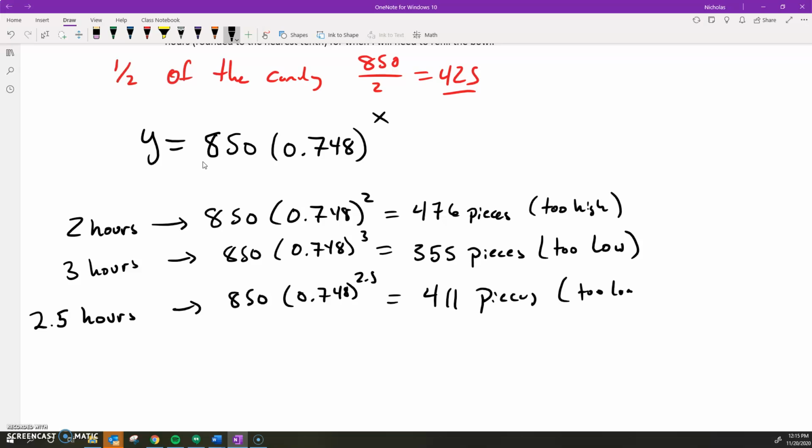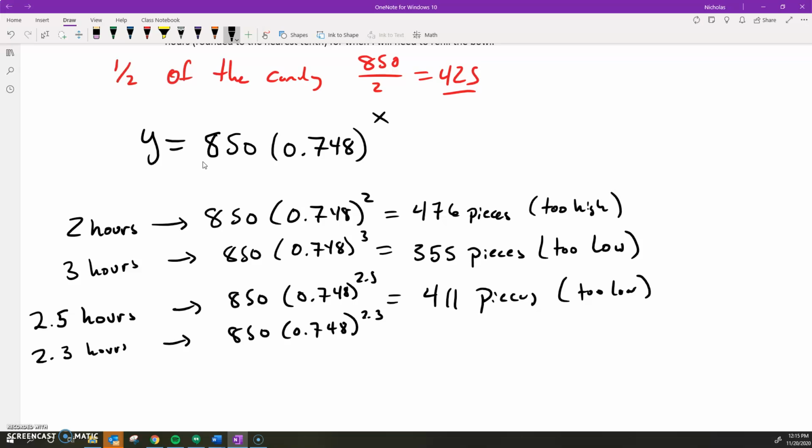That's too low. We're really just picking values and testing. There's more candy the less time goes by, so I've got to get closer to 2. Let's go with 2.3 hours. I know this feels kind of tedious, but we're just going to test these values till we get close enough.